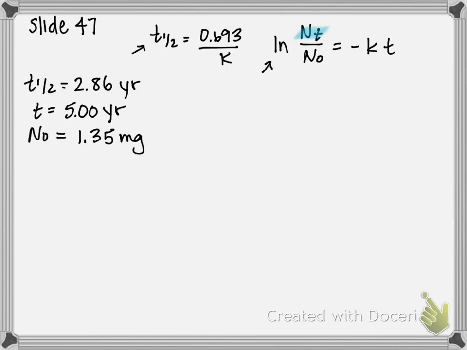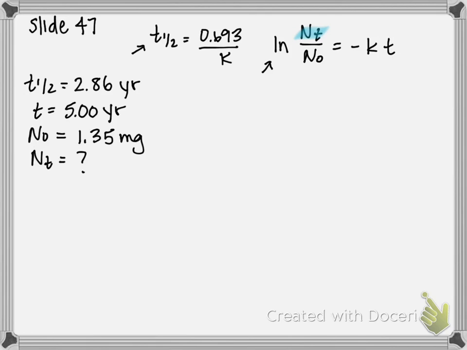So we have these three values, and what we're looking for is N sub T. And before we can plug these values into our first-order integrated rate law, we have to figure out what our K is. So that's our first pit stop.